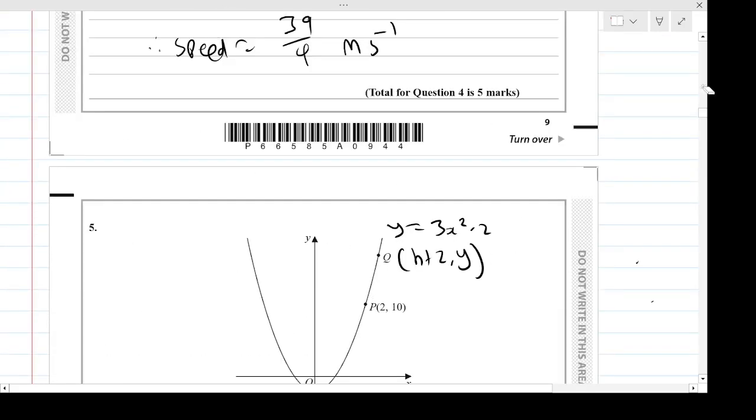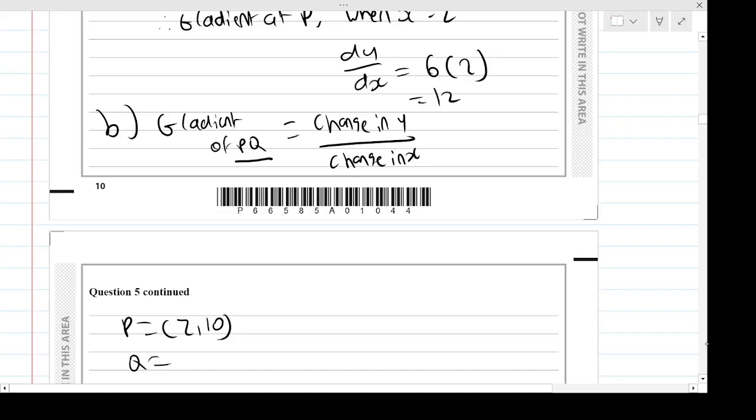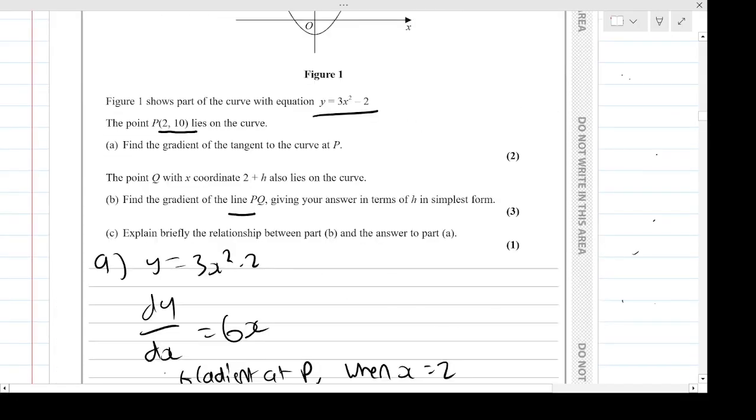I said it's h plus 2 for x. And y, I'm not given a y coordinate, I'm only given the x coordinate. How can I work out the y coordinate if I'm given the x coordinate? I can just simply substitute that into the curve, right?